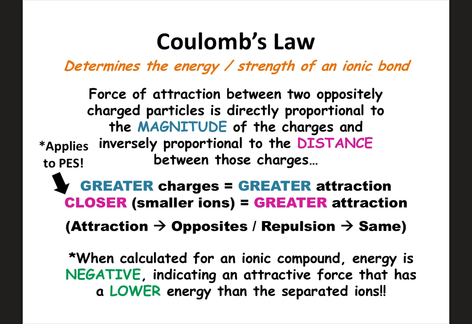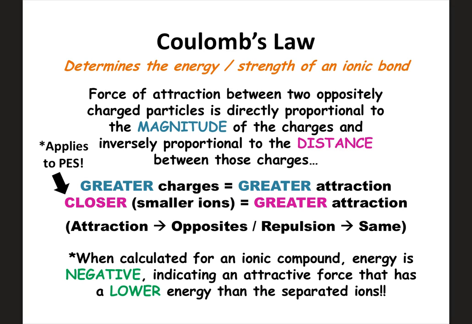So when these two ions in an ionic bond come together and form this attraction, the energy actually drops. And you might think that's a bad thing, but it's actually a good thing. Nature prefers a lower energy. Essentially, they're much happier together than they are apart. So the energy is negative, energy drops. So very important to understand this for Coulomb's law, though.